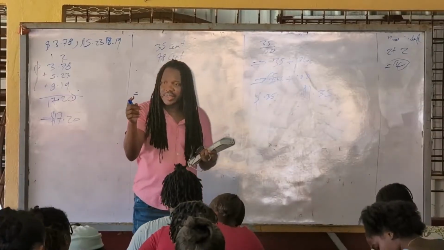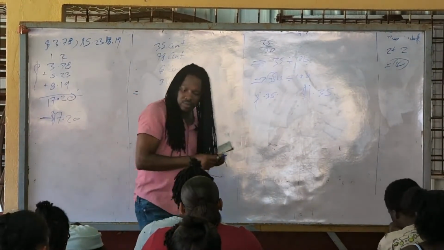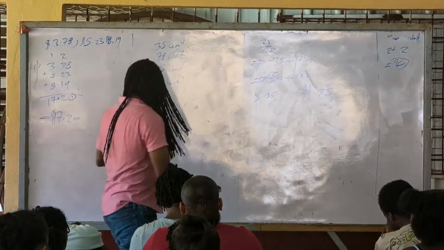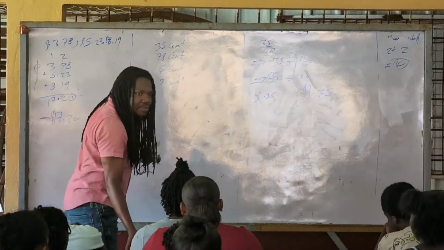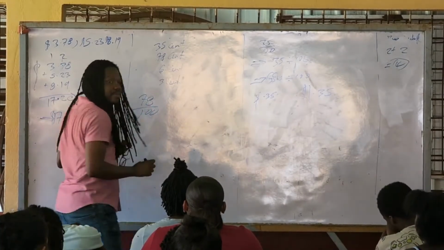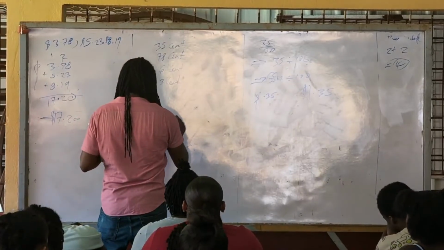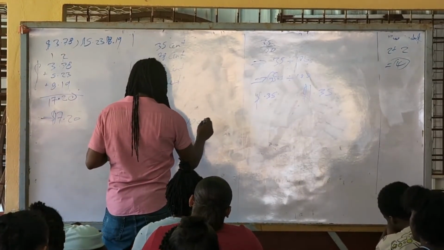Who wants to guide me through the next one? 78 cents. How are we going to do it? 78 out of 100. It implies 78 divided by 100.